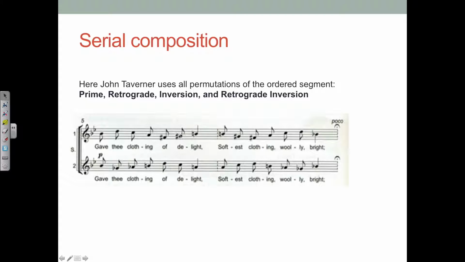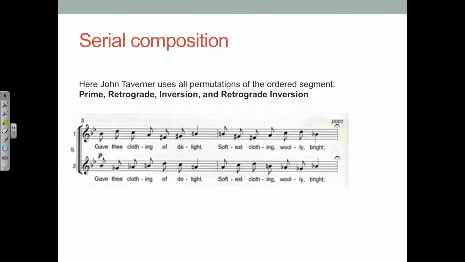We can see that this segment here, we'll call our prime segment or our prime row, is exactly the same here. It's just in reverse. We call this retrograde. We take the same segment and we flip it upside down. We call the mirror inversion, and this is exactly the same as the method of inversion that we did with pitch class sets.